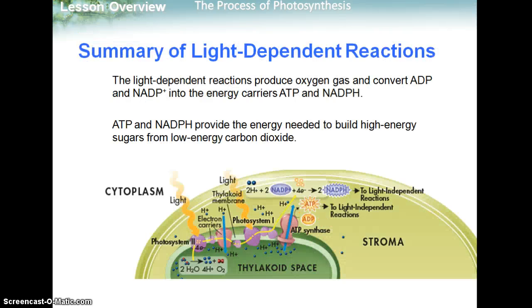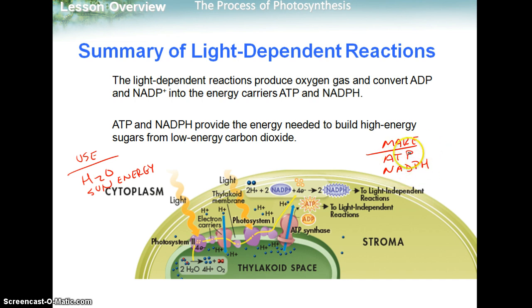To finish up, during the light-dependent reactions, plants are going to use water and energy from the sun to excite our electrons so that we can make, on the other side here, ATP and NADPH.